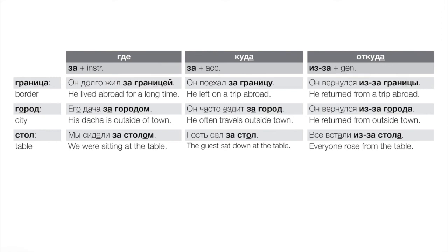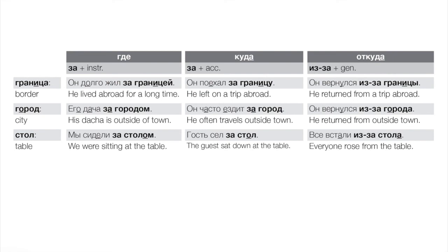That is abroad. Okay, if he's going to that location, then, as we would expect, we get за plus accusative. Он поехал за границу, meaning he's left on a trip to go beyond the border, accusative. And from beyond, we get the compound preposition из-за, and we say things like он вернулся из-за границы, right? He returned from beyond the border.